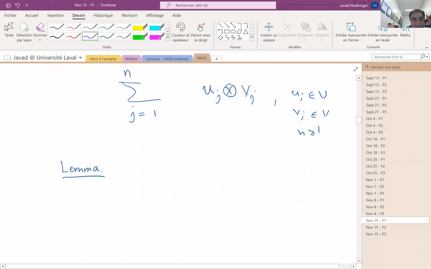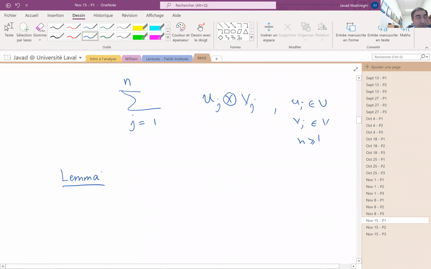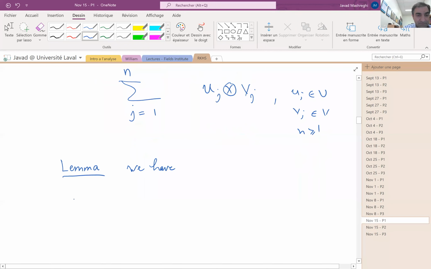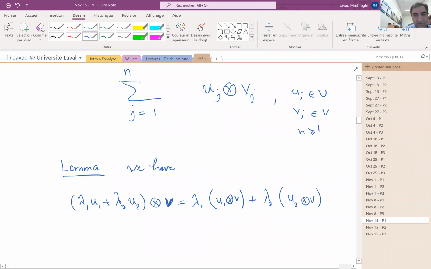which says that our goal is achieved for any choice of lambdas and u's. We have lambda 1 u1 plus lambda 2 u2, tensor v, is equal to lambda 1 u1 tensor v plus lambda 2 u2 tensor v.